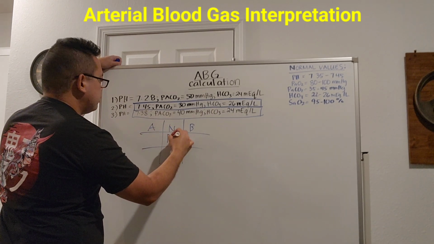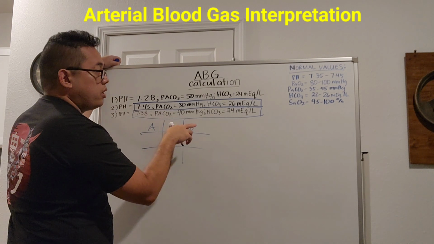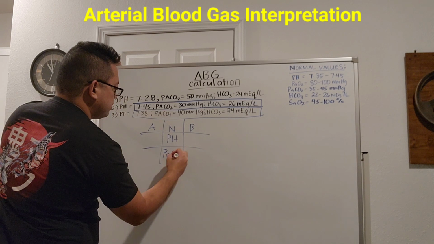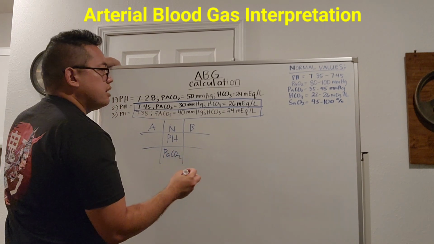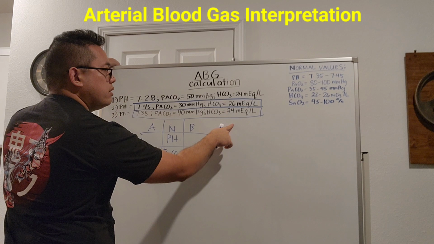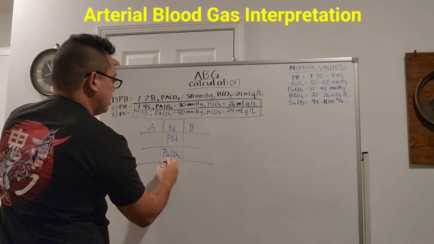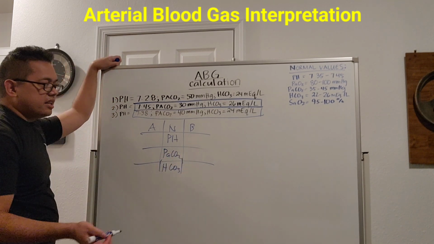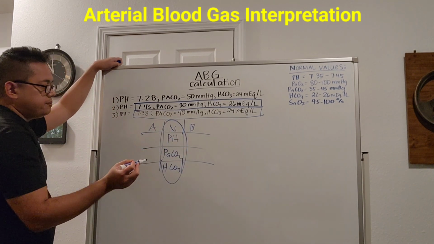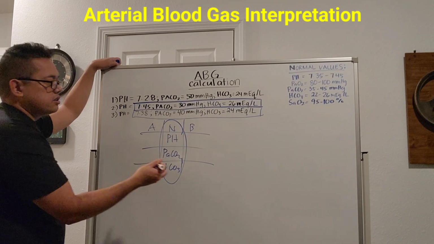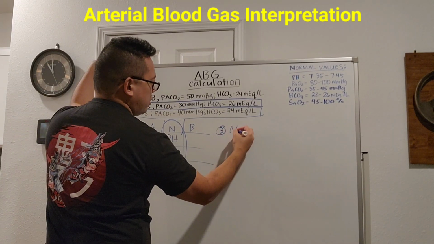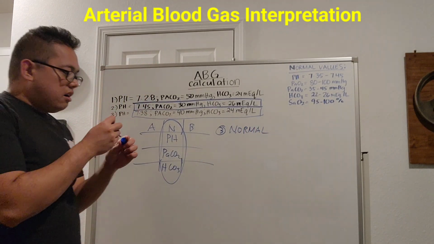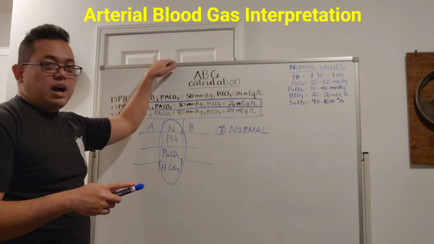Our PaCO2 is 40, which is normal also. And then our bicarb is 24, which is normal. So again, it makes sense now. All of these are normal, so the answer is this one. The person is in normal condition. No metabolic issue.